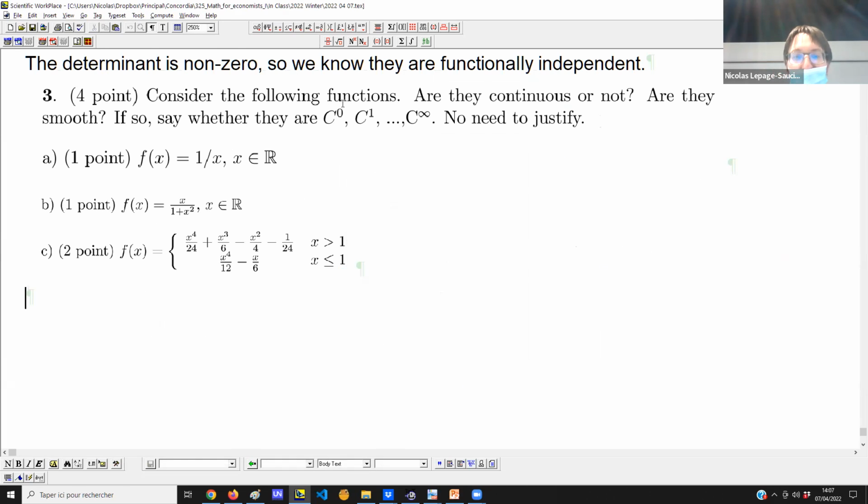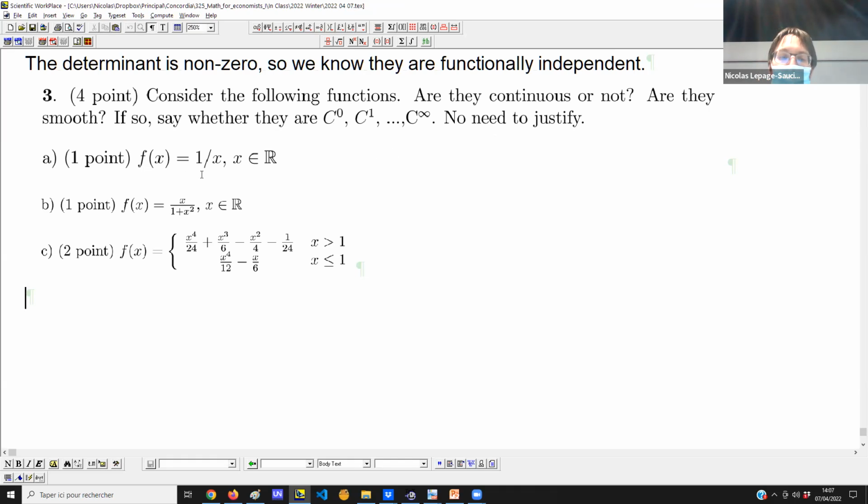Okay, so consider the following functions. Are they continuous or not? Are they smooth? If so, see whether they are C0, C1, C infinity. No need to justify, because justification would take forever.